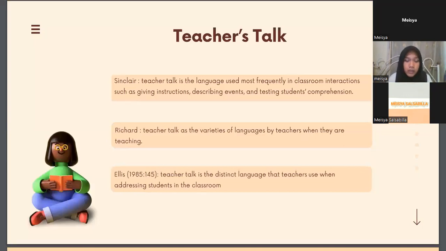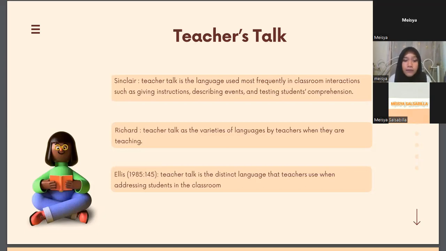Teacher's talk. According to Sinclair, teacher talk is the language used most frequently in classroom interactions, such as giving instructions, describing events, and testing students' comprehension. According to Richards, teacher talk is the varieties of language used by teachers when they are teaching.